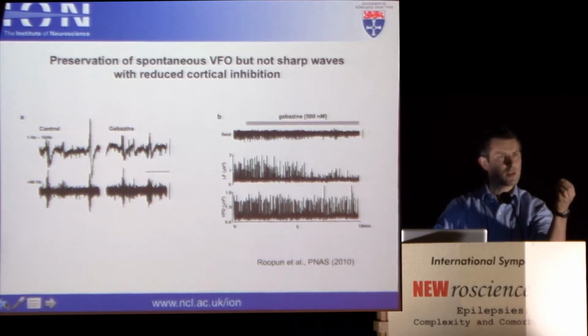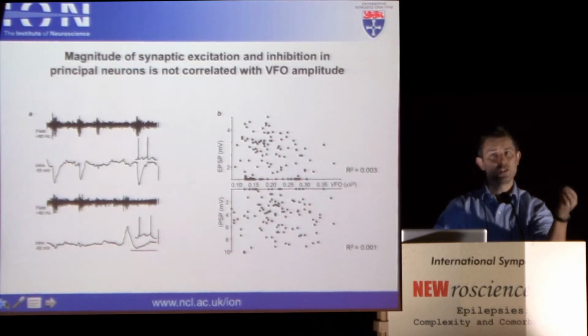Now we can take this a step even further, and combined with our local field potential recordings, we can record from individual neurons and then correlate their behaviour with how the network is behaving.